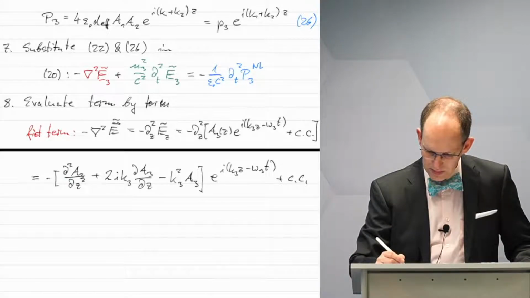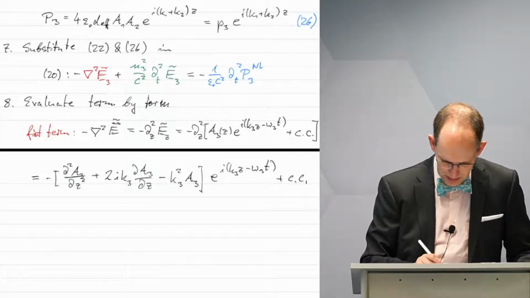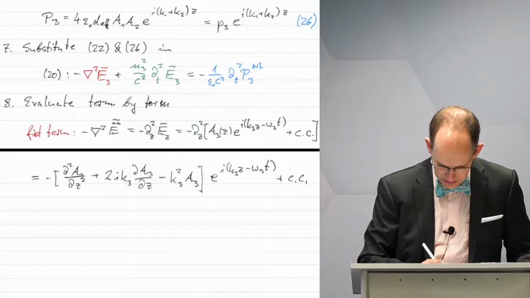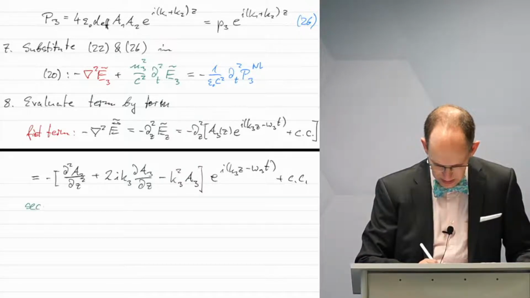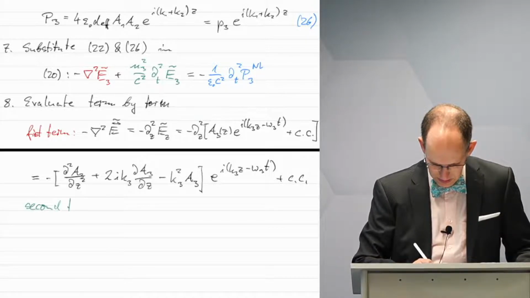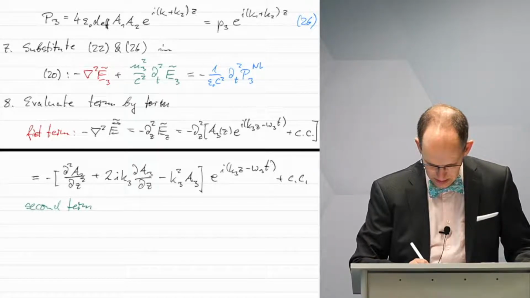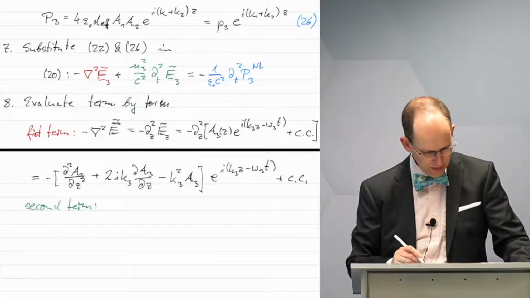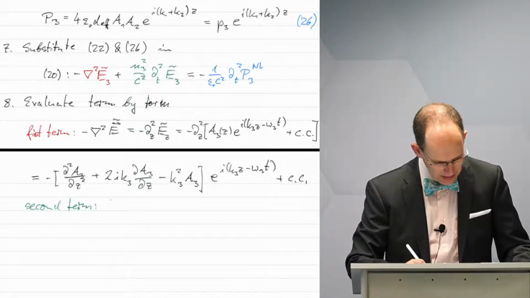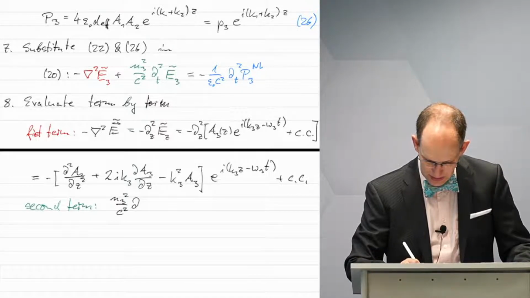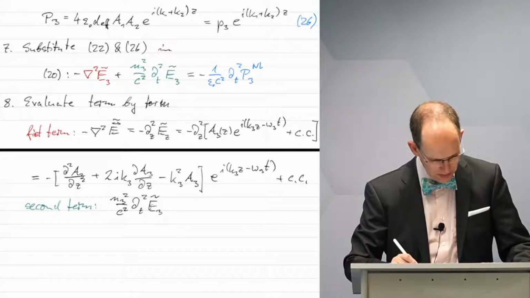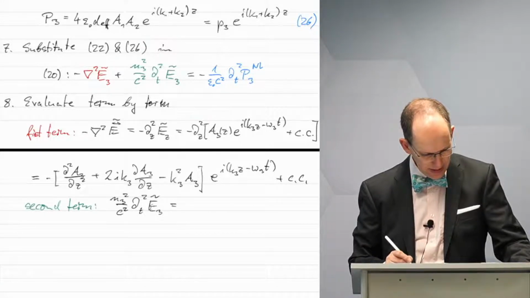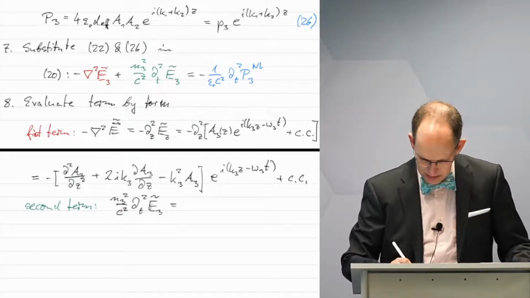So now to the next term here. The second term, which I have in green color here, is of course very simple because it's just a temporal derivative. So what we have here is n3 squared over c squared, and then the second derivative of E3. And because it's just a sine-like thing, this is very easy.